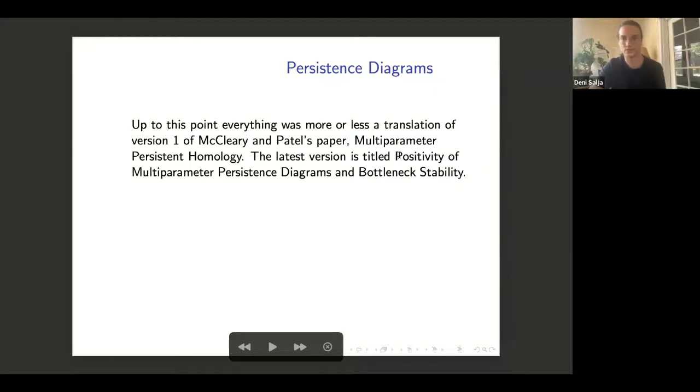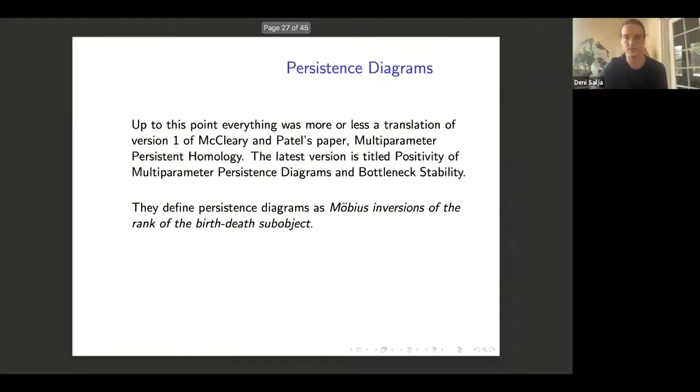Their latest version of this is titled Positivity of Multi-Parameter Persistence Diagrams and Bottleneck Stability. And going between those two, they changed some stuff. So they always define persistence diagrams as Mobius inversions of the rank of that birth-death subobject, that pullback that we just talked about.